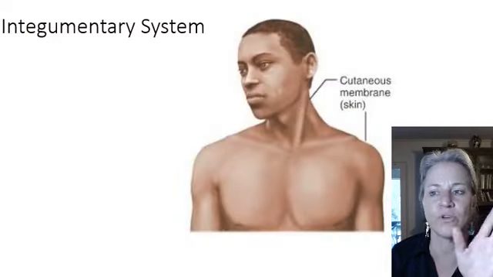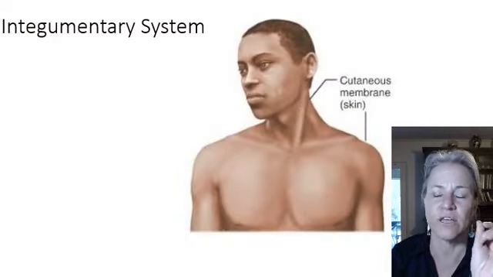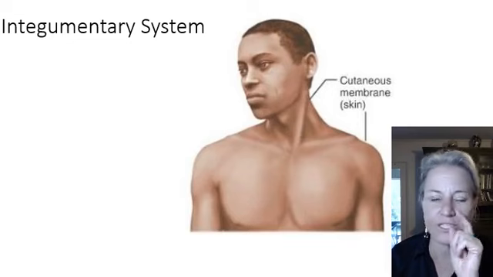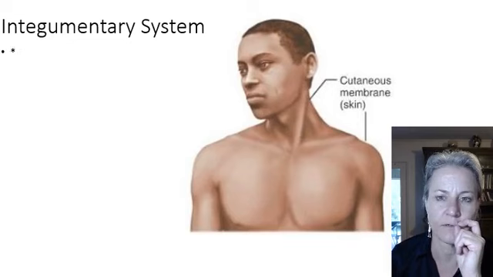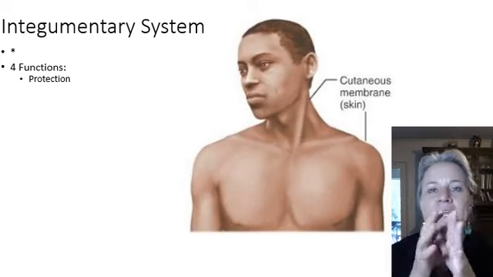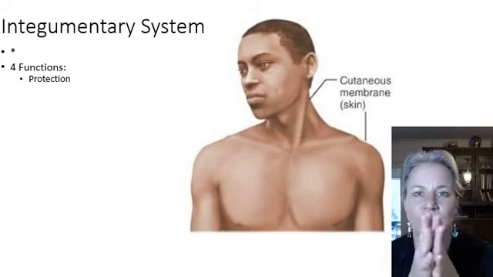Okay, now we're going to review the 4 functions of the skin. Let's see if you can remember what were the 4 functions of the skin. So to start, the skin is a barrier and it helps protect you.